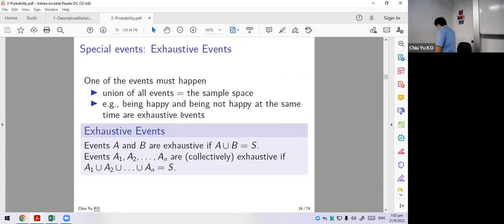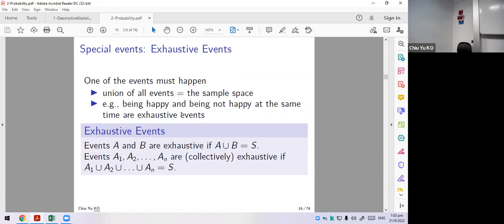The next is very simple: exhaustive. It just means that one of them will happen. It just means the union of everything is the sample space.